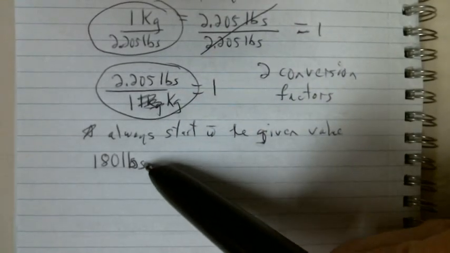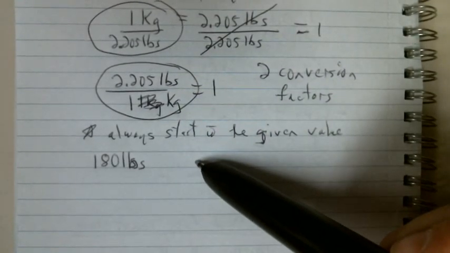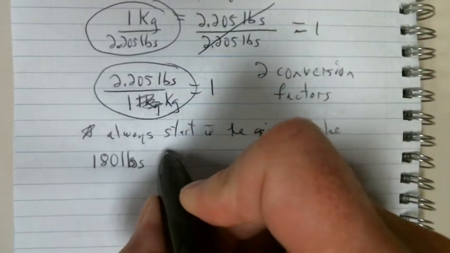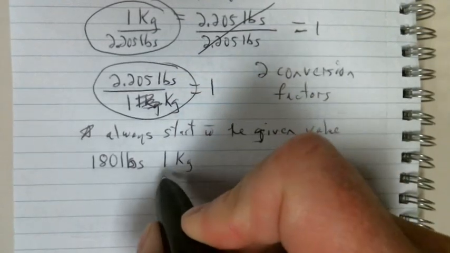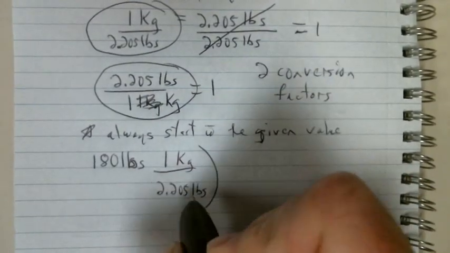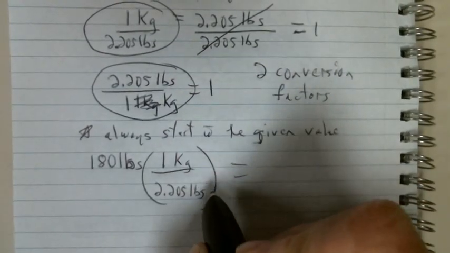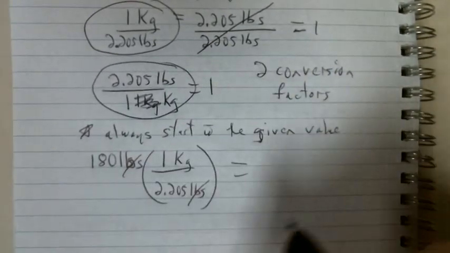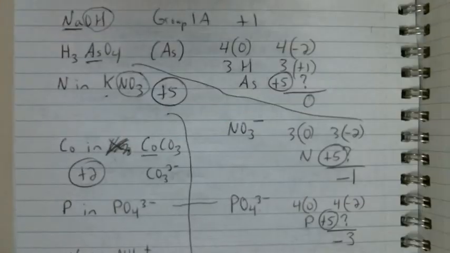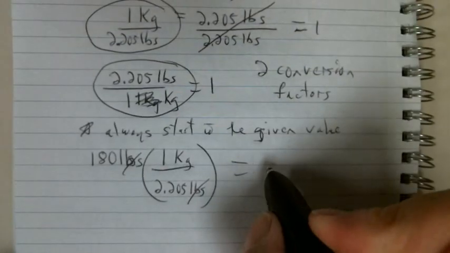So if we want to get from pounds to kilograms, we need kilograms to be in the numerator. So I'm going to use the top conversion factor. 1 kilogram is 2.205 pounds, and I'm going to multiply by that, and the pounds cancels, and I do that, and I forget what exactly the number worked out to be, 81.63.